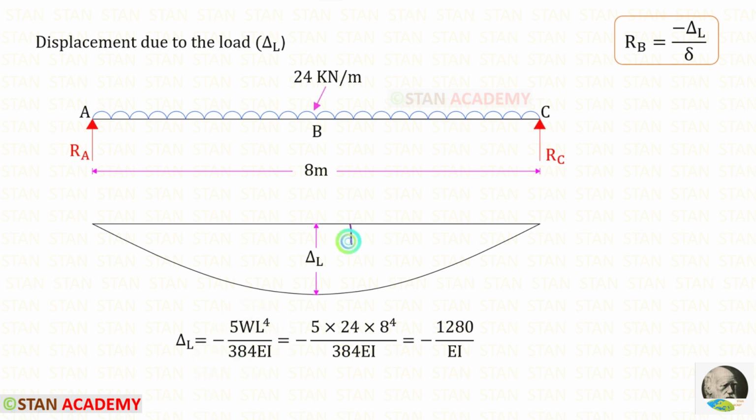Since the deflection occurs downwards, the formula should be applied as negative. Here W is 24 and L is 8. For delta L, we will get minus 1280 upon EI.